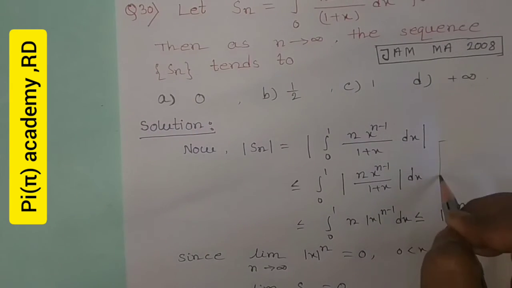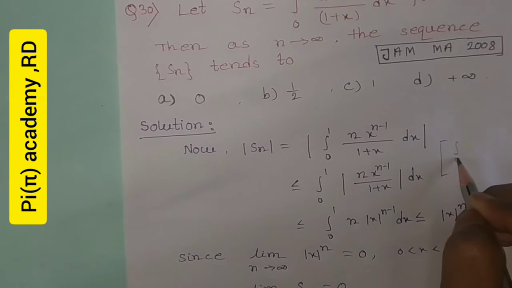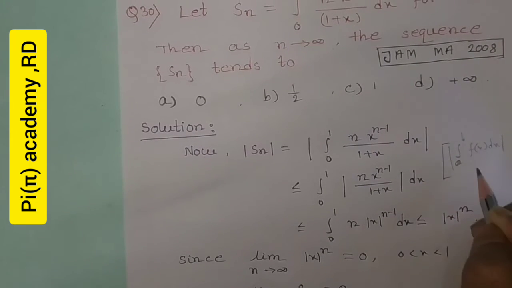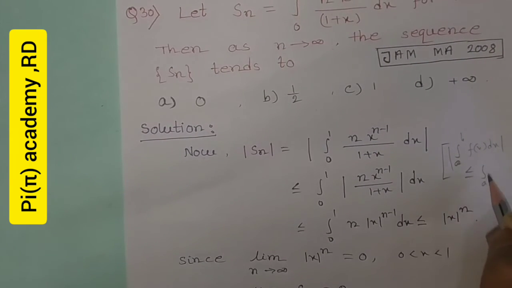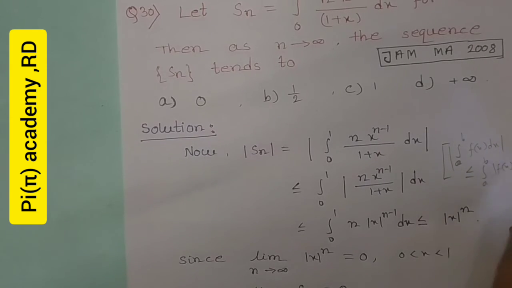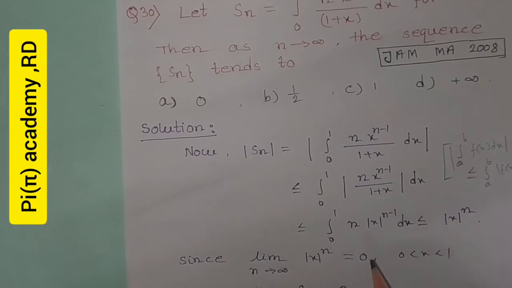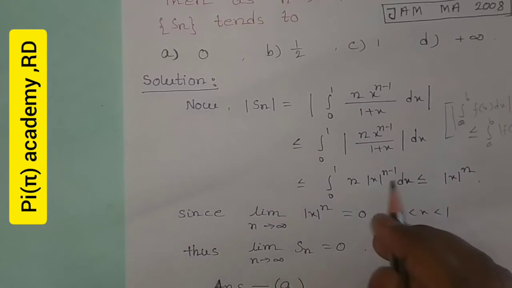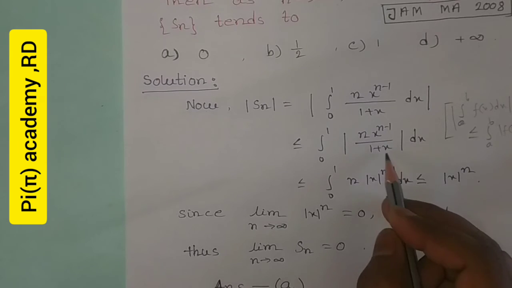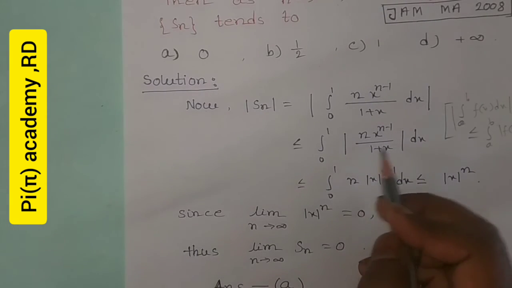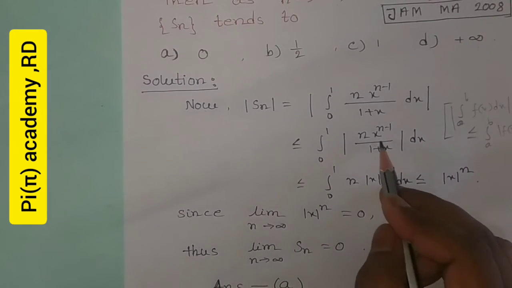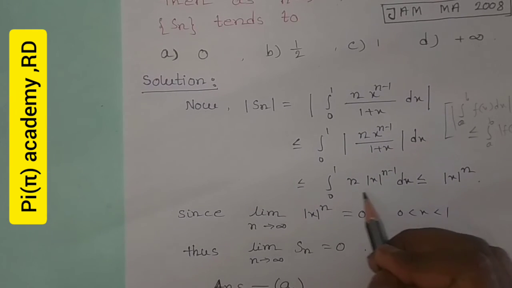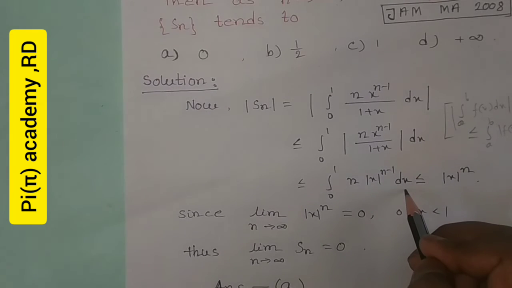That is, we know that the mod of the integral from a to b of f(x) dx is less than or equal to the integral from a to b of mod f(x) dx. Using this rule, we can write this as: here x belongs to 0 to 1, therefore 1 plus x is greater than 1, and this is less than or equal to the integral from 0 to 1 of n into mod x whole to the power n minus 1, dx.